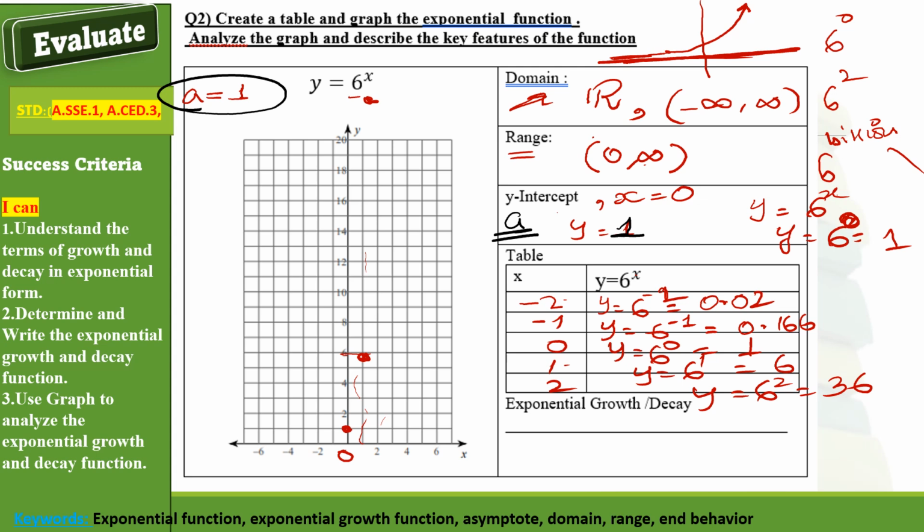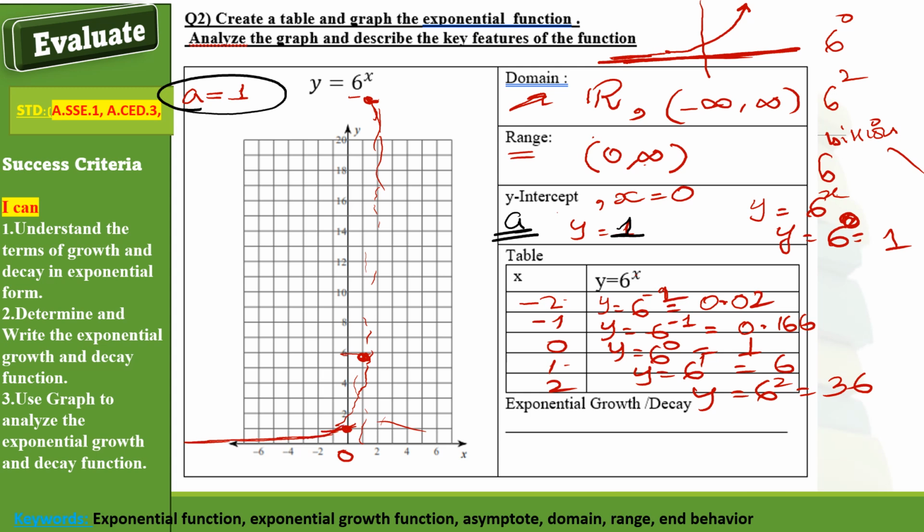So how do I know that the graph is a very smooth curve? Okay, you have to make it solid. Even if you write 0.02 or 0.01, it comes very close to the 0, but it won't touch.